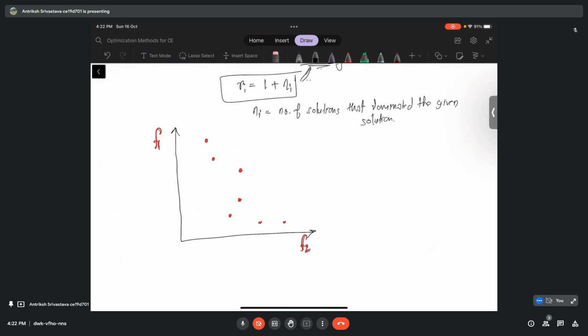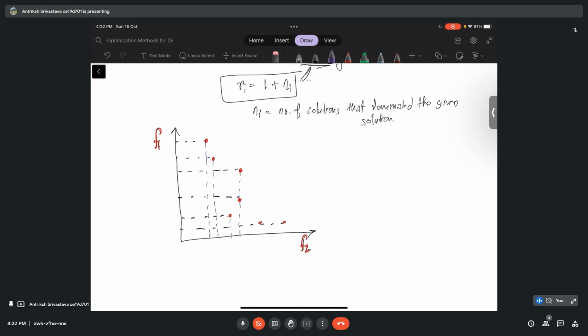Let's say we have these many points, that is 7 points. So here I am actually showing you how to identify the number of solutions that dominate a given solution in the objective function space.